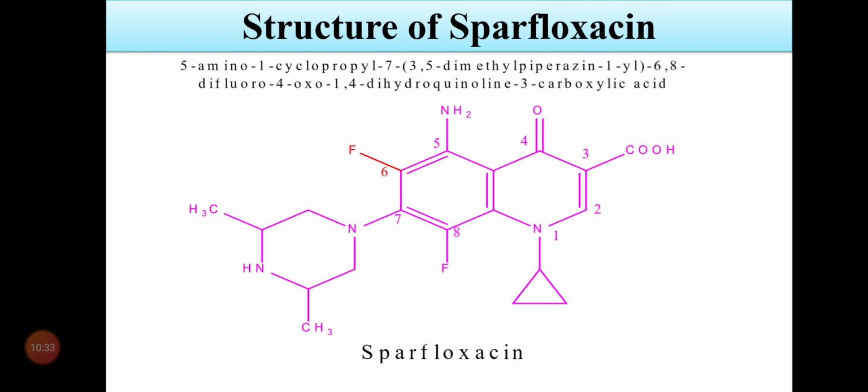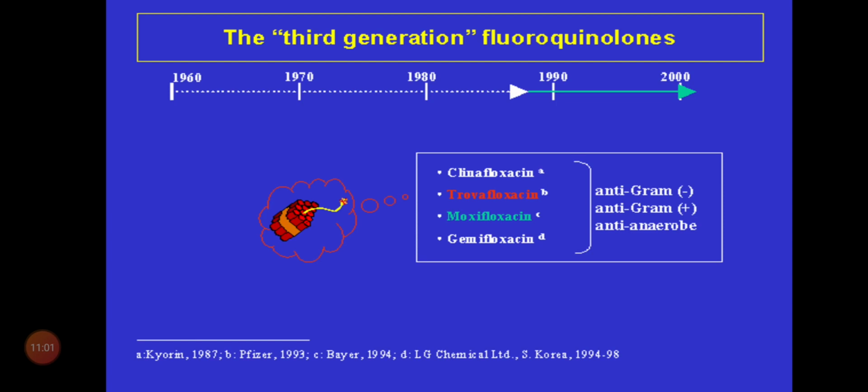The piperazine is again substituted with 2 methyl groups at the 3 and 5 positions. There is one more fluoro at the 8 position, so the 2 fluoro groups are at the 6 and 8 positions. There is an amino group at the 5 position, a carboxylic acid group at the 3 position, a carbonyl group at the 4th position, and N1 is the cyclopropyl. This is the structure, a very effective drug.